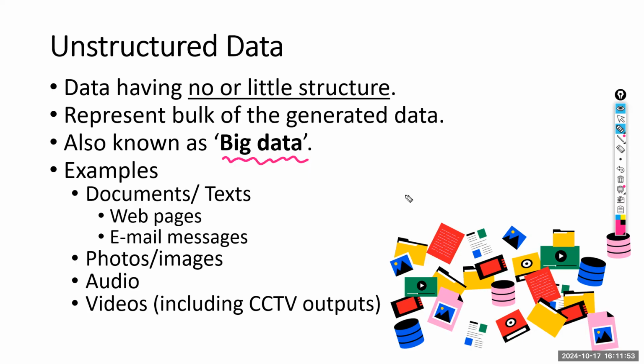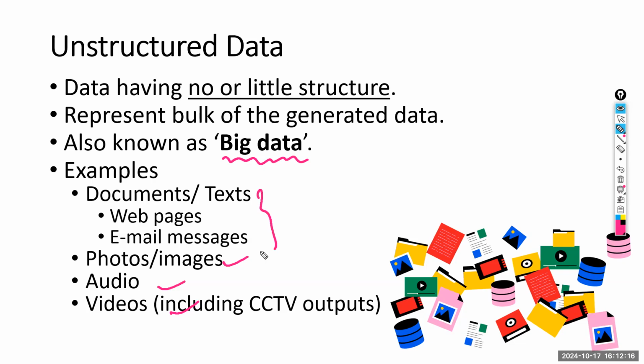For example, if you take audio, video, images like photos, those are extremely unstructured. But if you take something like web content, email content, social media content, those are also pretty much unstructured, but a little bit more into the semi-structured.